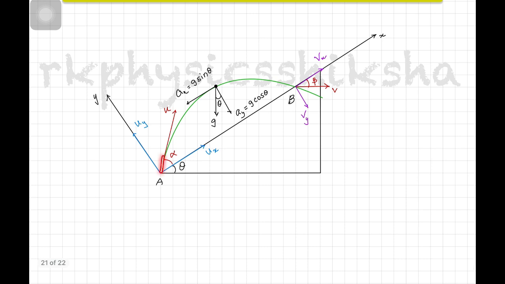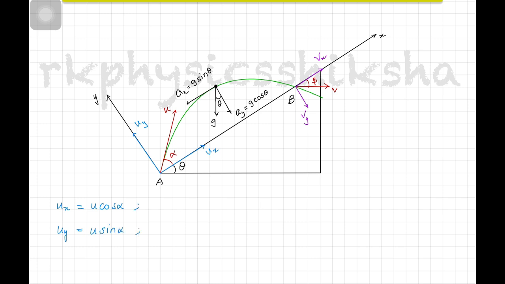We know very clearly if you are projecting with an initial velocity u, you have a horizontal component ux and a vertical component uy. So ux can be written as u cos alpha, and uy, the vertical component of initial velocity, is u sin alpha.